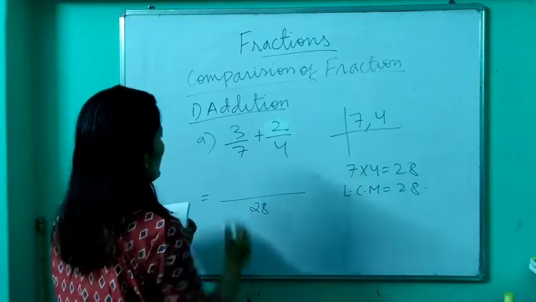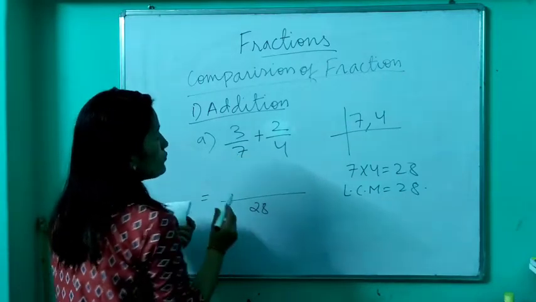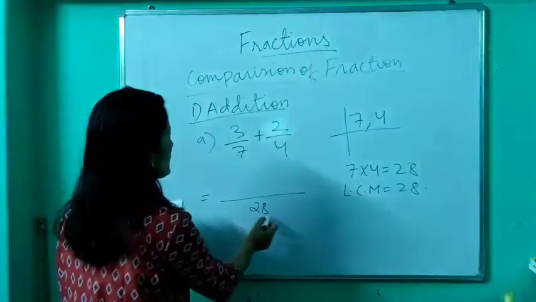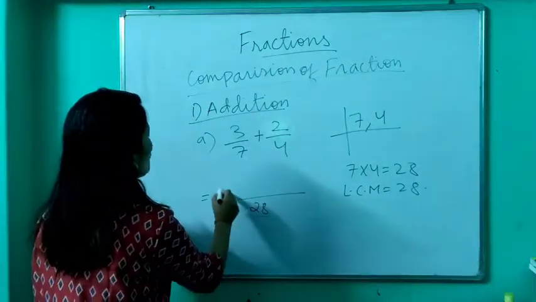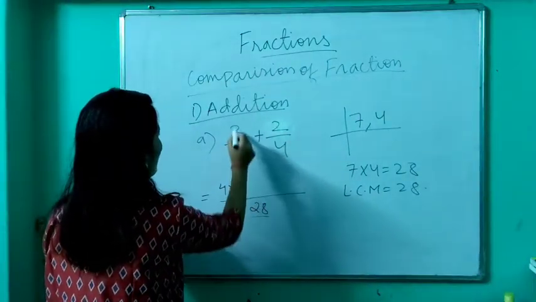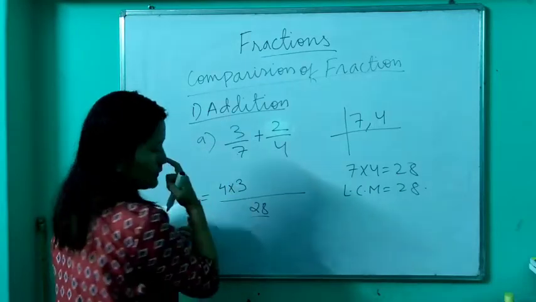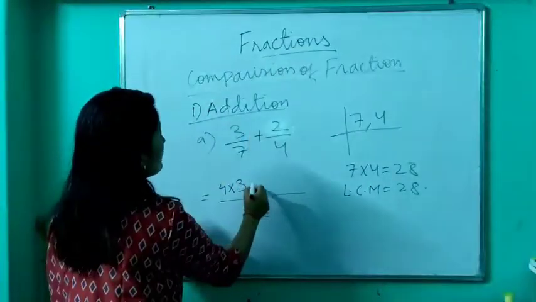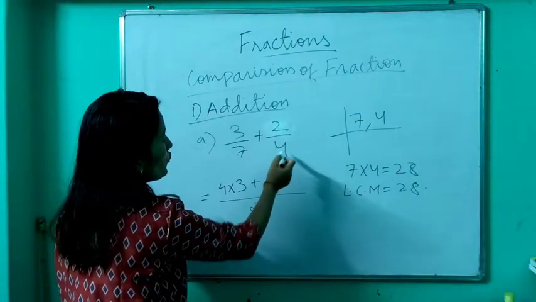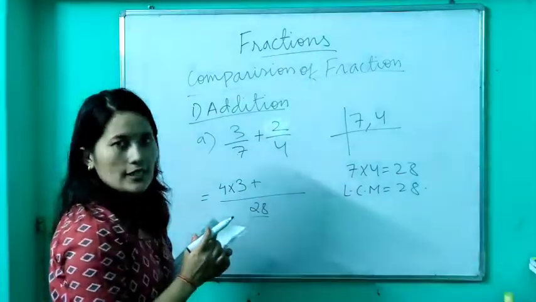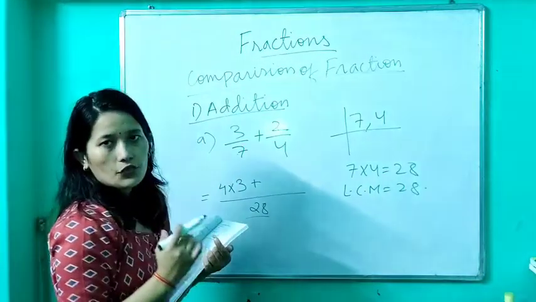Okay, now 7 multiplied with what number will give you 28? 7 4s will give you 28. So with that 4 you will multiply the numerator. Okay, then the sign, that is addition sign. Similarly with 4, what will you multiply to get 28? 4 7s will give you 28.